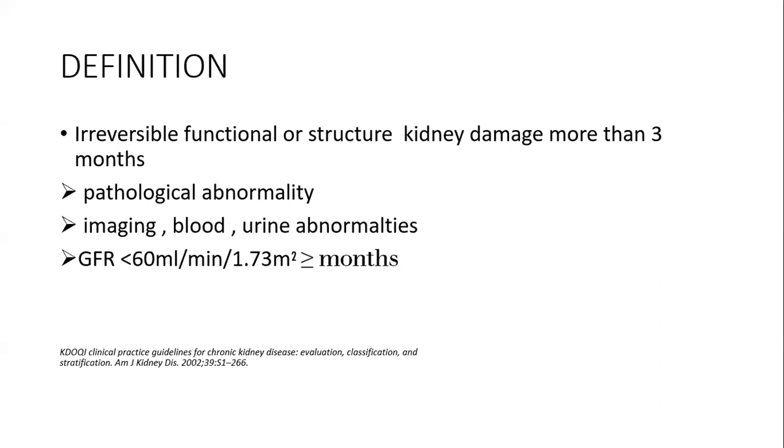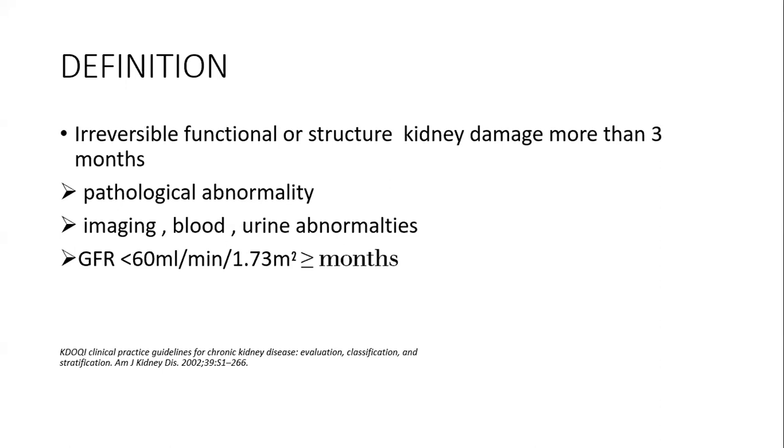Chronic kidney disease is defined as irreversible functional or structural kidney damage lasting more than 3 months. This definition is not applicable for children less than 3 months. It can be supported by pathological abnormality, found either by kidney biopsy or by imaging, where the kidney size is shrunken compared with the normal size.